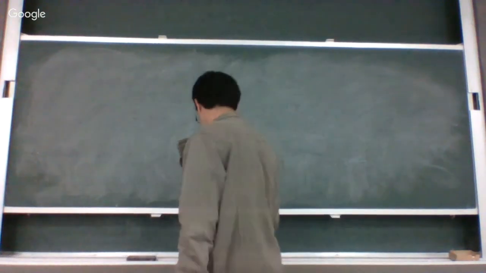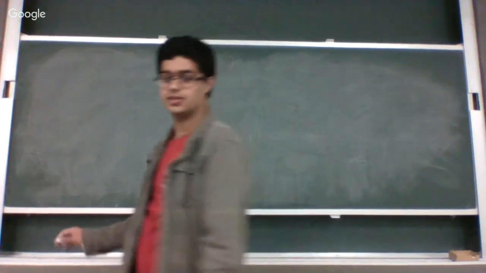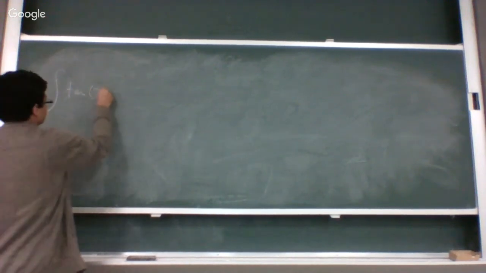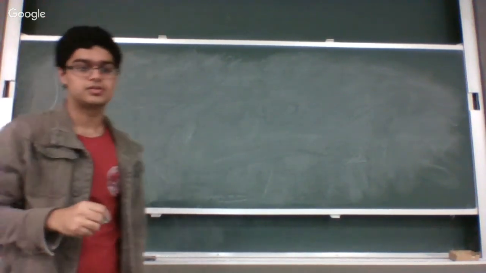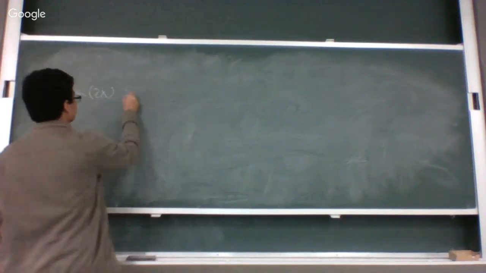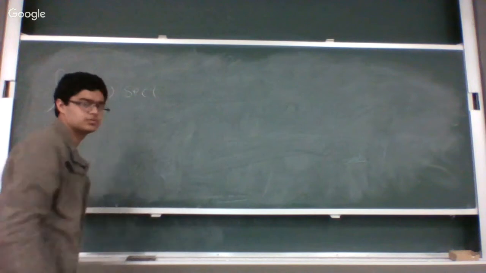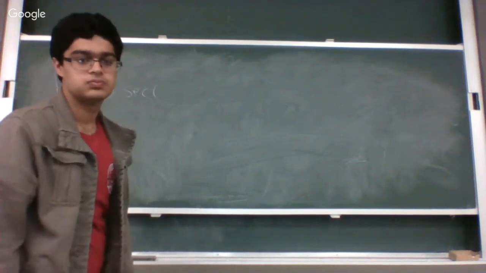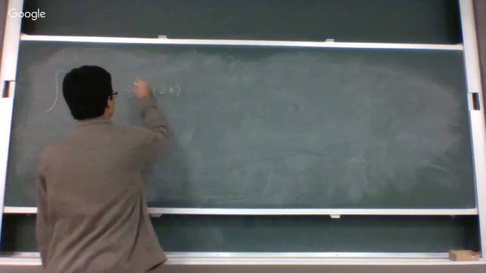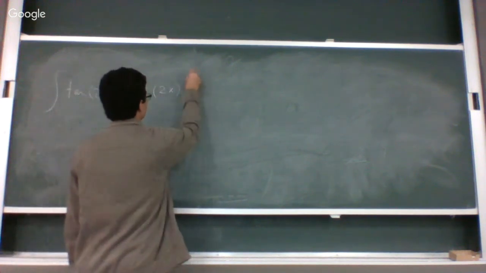So now we have the integral of tangent of 2x, secant of 2x, and that quantity squared.